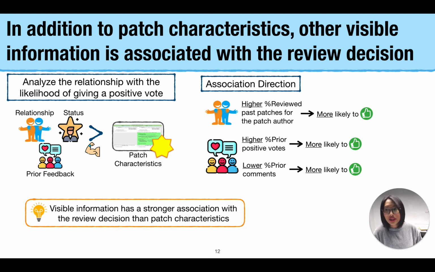So these results suggest that despite the conventional wisdom that a new patch should be solely evaluated based on the technical merit, we find that the visible information has a stronger relationship with the review decision of a reviewer.